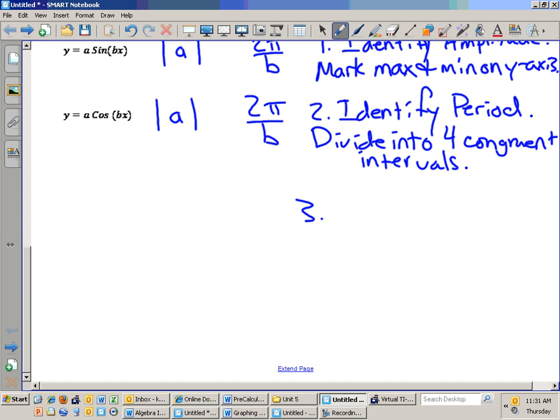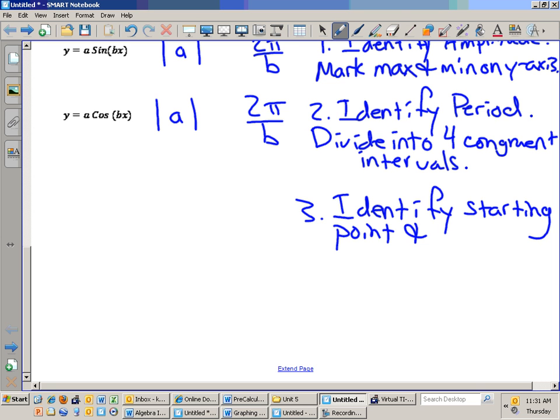And number 3, this is the last one. Identify starting point and direction. Everybody got it?